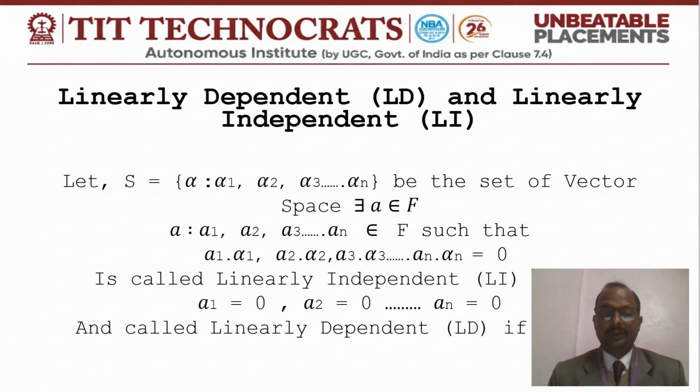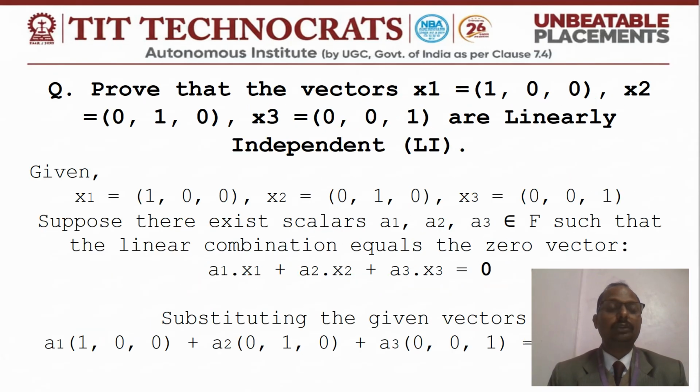Here we can see the question: prove that the vectors x1 equal to (1, 0, 0), x2 equal to (0, 1, 0), x3 equal to (0, 0, 1) are linearly independent. Again we consider three scalars a1, a2, a3 belonging to F. Then make the condition a1 dot x1 plus a2 dot x2 plus a3 dot x3 equal to 0.